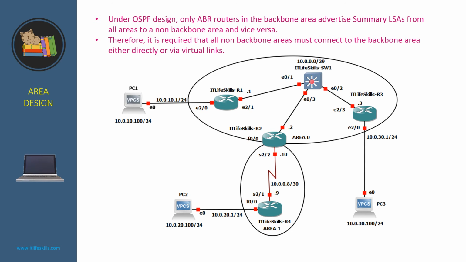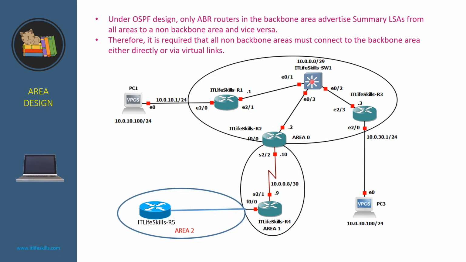Now, if we need to create a new area 2 like this, as you can see, area 2 is connected to area 1 via router 4. Since router 4 is in area 1, it cannot advertise summary LSAs from all other areas to the routers in area 2, and it cannot advertise the summary LSA from area 2 to all other areas.